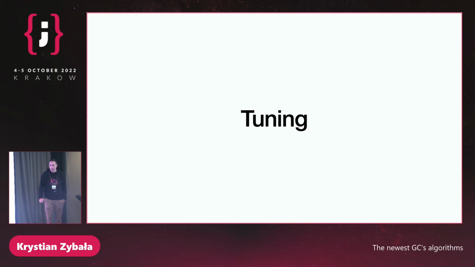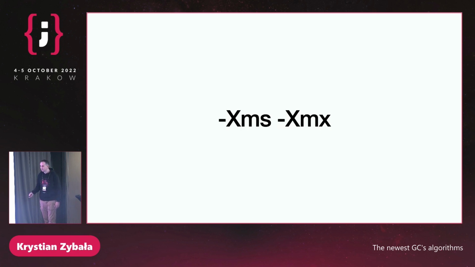From a tuning perspective, because this algorithm is concurrent, basically we don't have to care about performance and so on, but sometimes we have to tune some of the flags. But from the Red Hat perspective, we have to care only about these flags.